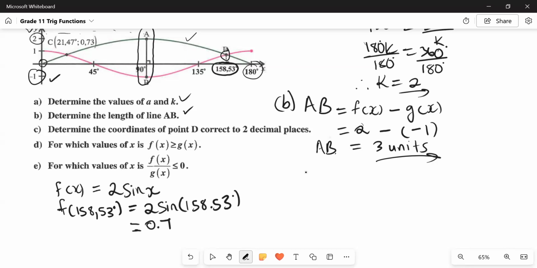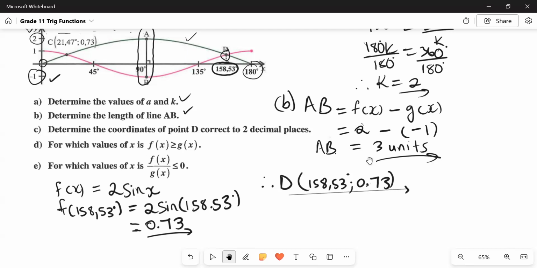I'm getting the value of 0,73. Now I can say, therefore, D would be 158,53 is to 0,73. So this is the coordinate D.